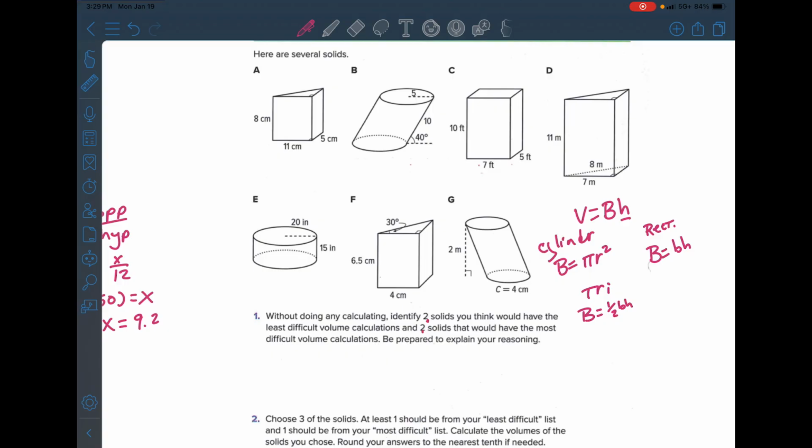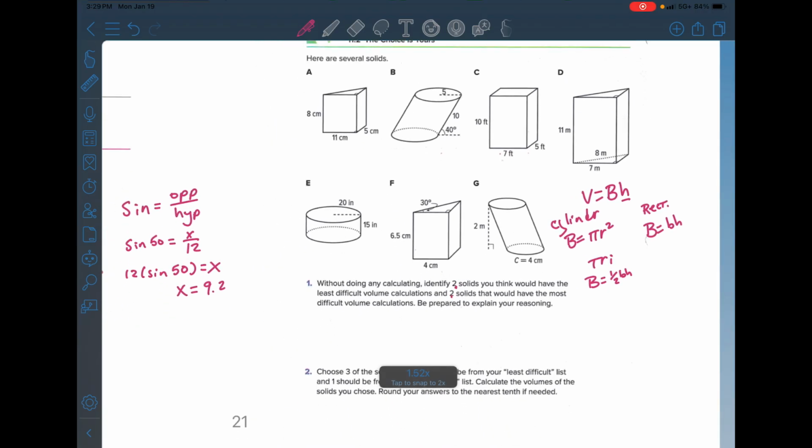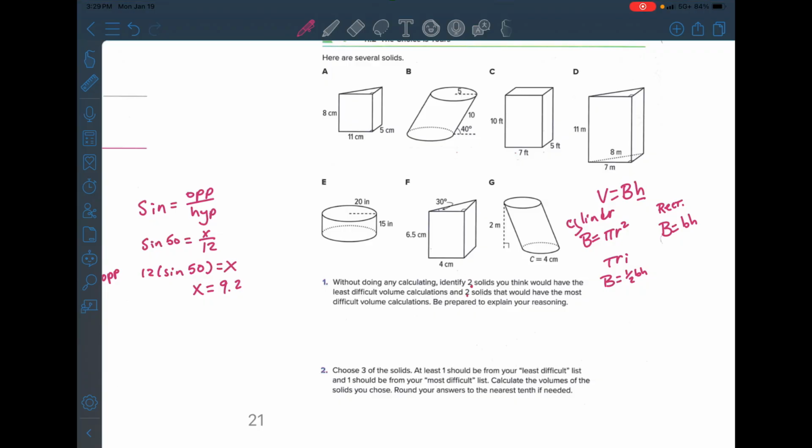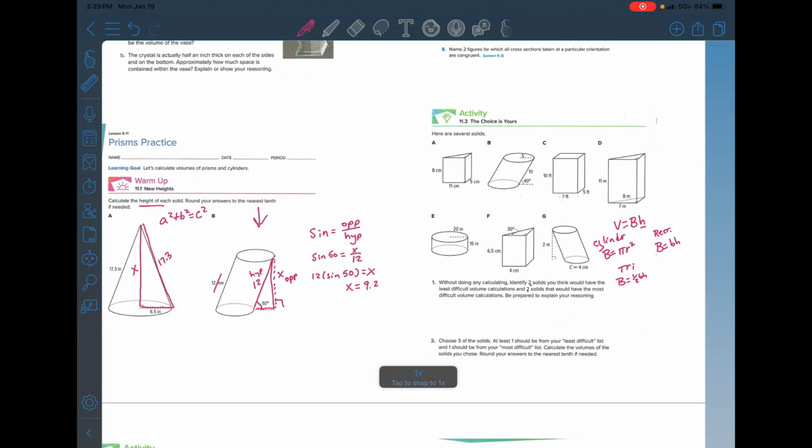Sometimes you may have to find the other right angle, the other base or height using your Pythagorean theorem that you used in the warm-up. So go ahead and do that. You tell me the 2 easiest, the 2 hardest, and why, and then pick 3 and find their volumes.